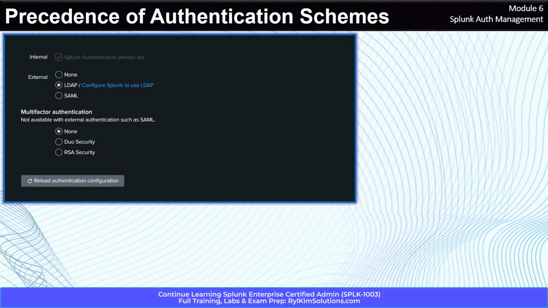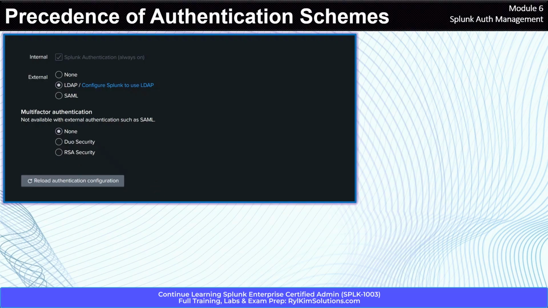But before we do that, if you go to settings and authentication methods, it's going to show you the different authentication schemes in the screen that we have here. You are going to see your native authentication, which is the internal one, always on, that we talked about. You see your LDAP, which is external, you see your SAML, and then you see your secondary authentication here, which is the MFA that we talked about, which can either be based on dual security or on RSA security.